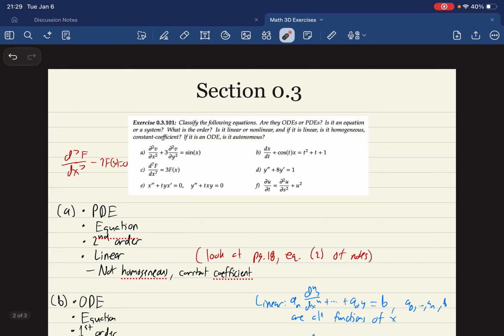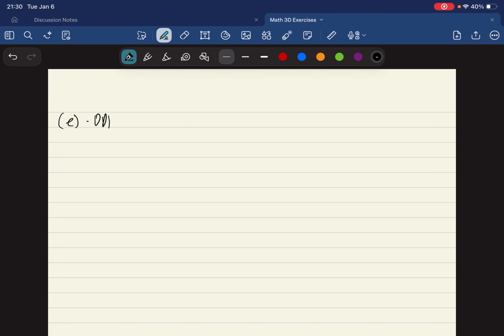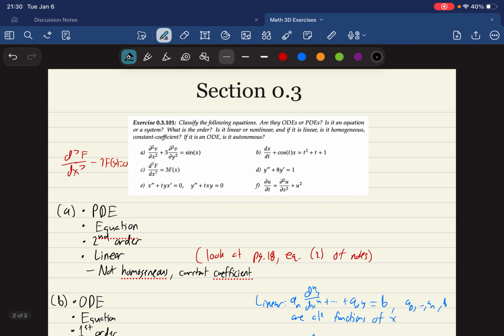The order of this system is 2, because if we look at all the derivatives, we have a second derivative, first derivative, second derivative. The highest order derivative is 2. So this is an ODE system. It is of second order. And this thing is not linear.